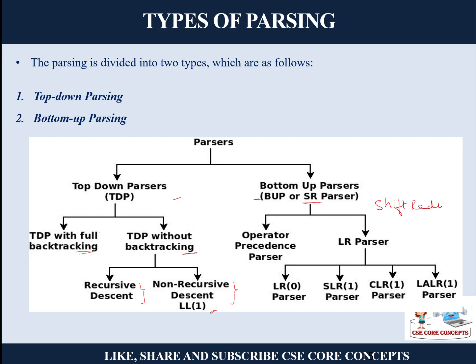There are two types: operator precedence and LR parsers. In LR, you have different types of parsers like LR0, SLR, CLR, and LALR, which are variations of the LR0 parser.